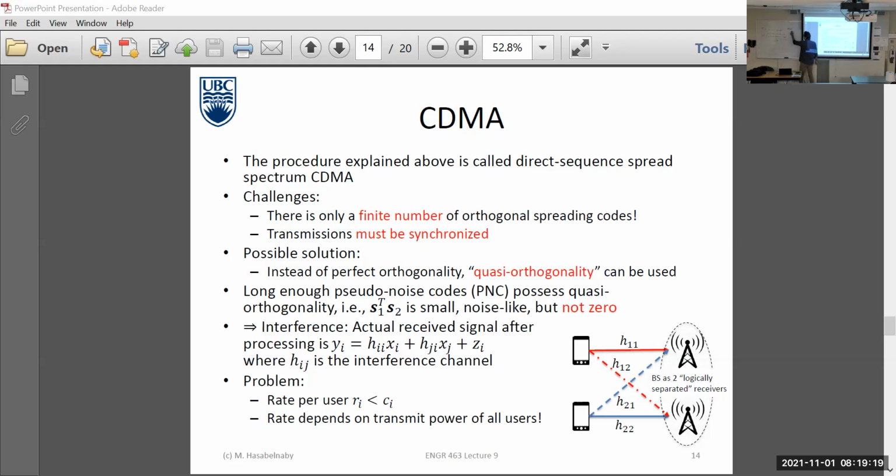Okay, from this terminology, the SINR will equal signal power divided by interference power plus noise power.